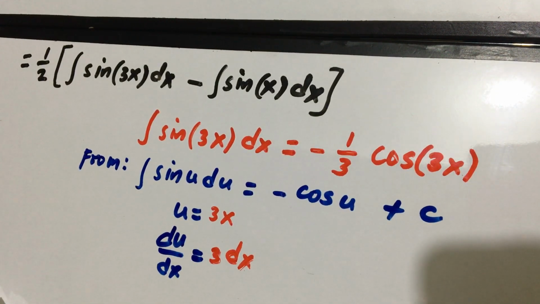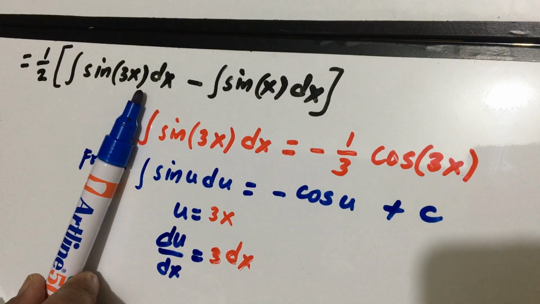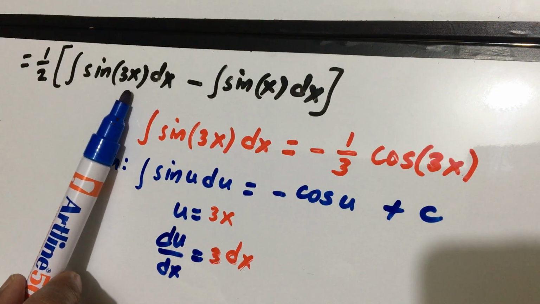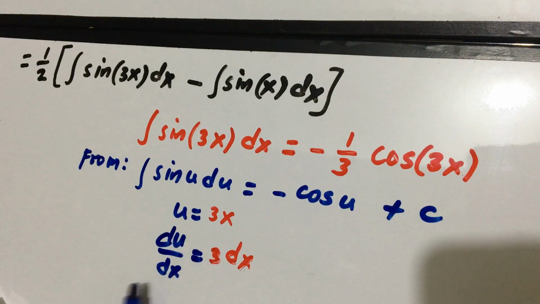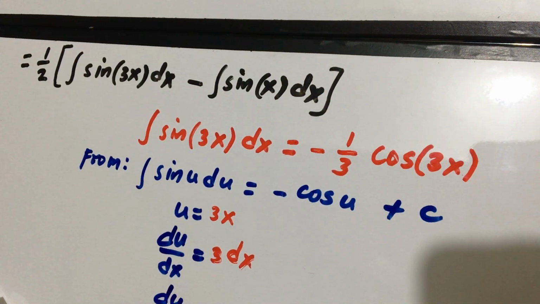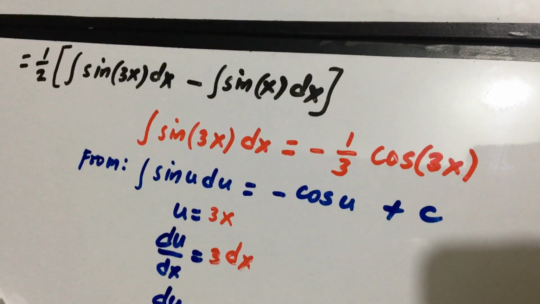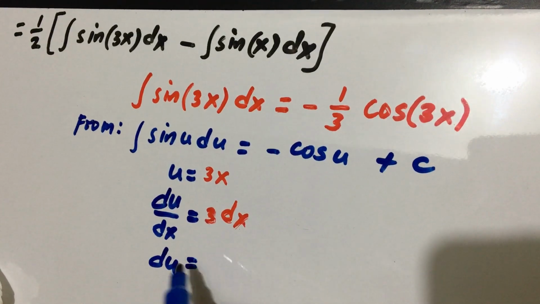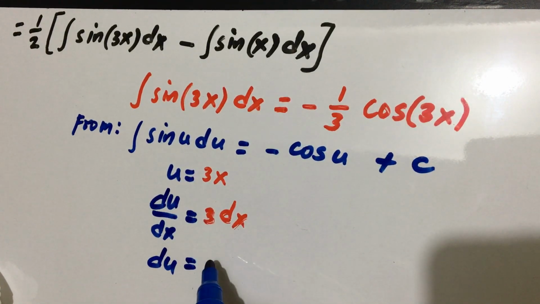Okay? Now if you look at the given, our dx, or the resulting integral, we have sine u du. By the way, from here we can solve du. Our du is equal to, just cross multiply dx, class.